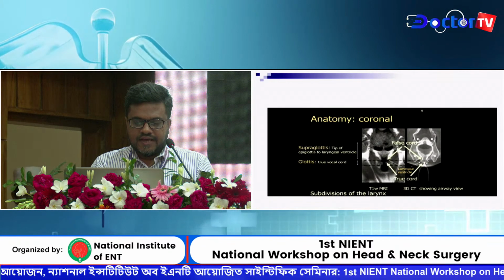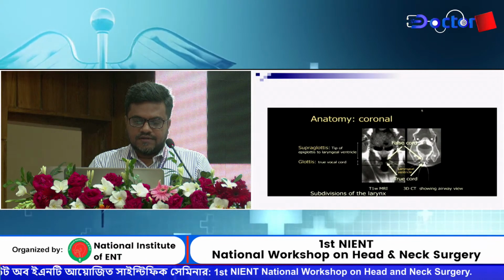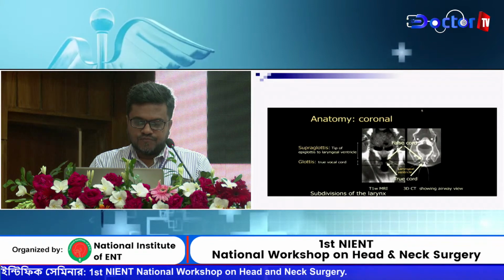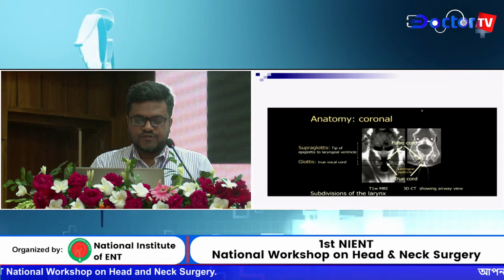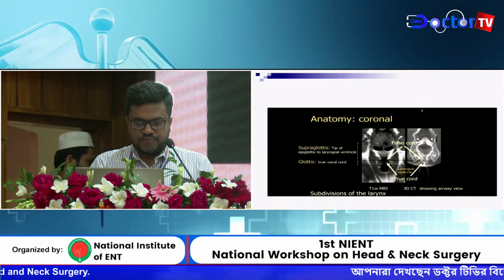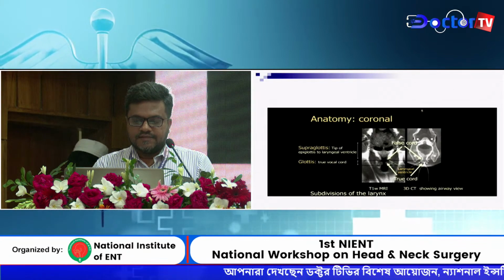Above the ventricle is the supraglottis, and here is the false vocal fold. This is the true vocal fold. This is the glottis, from the true vocal fold up to the lower border of the cricoid. From the true vocal fold below is subglottis.